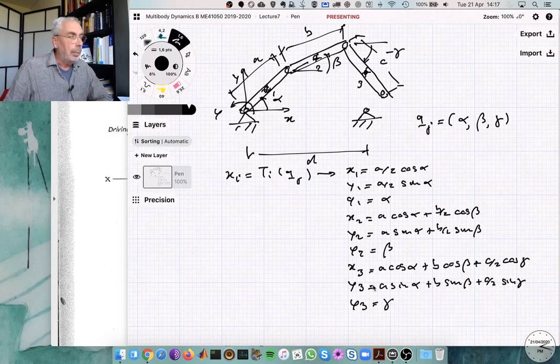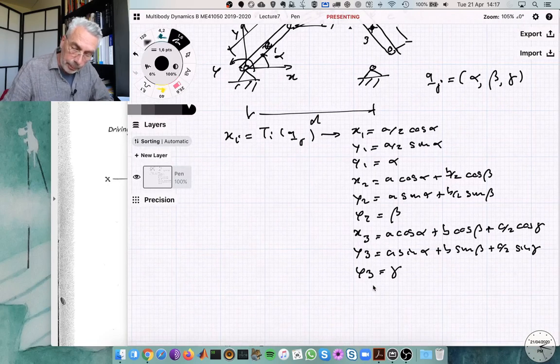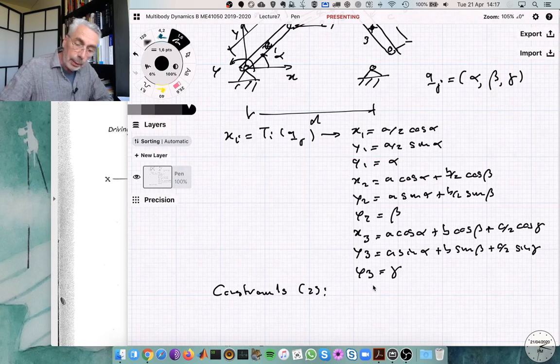Now, having put those all in order, it was very easy to write down this mapping, right? And now we just have to add the constraints, and the constraints are two constraints, and being that we have to close this gap.